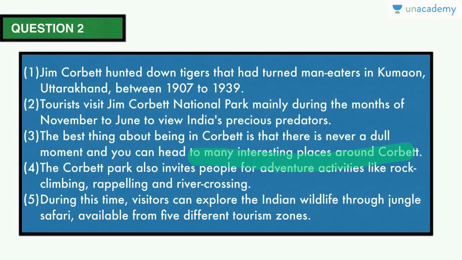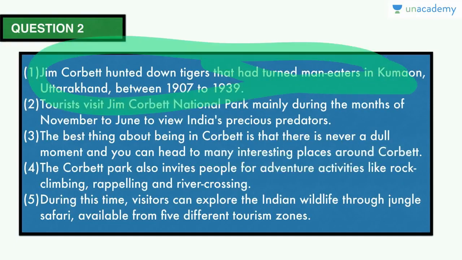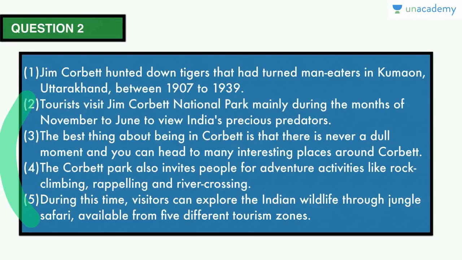Jim Corbett hunted down tigers that had turned man-eaters. Clearly, one is excluded. All 4 other sentences are talking about the national park, and this one is talking about the person Jim Corbett, what he did, that he hunted down tigers.